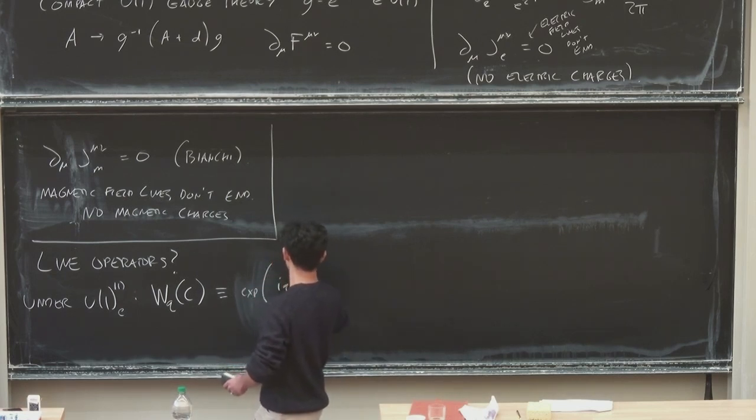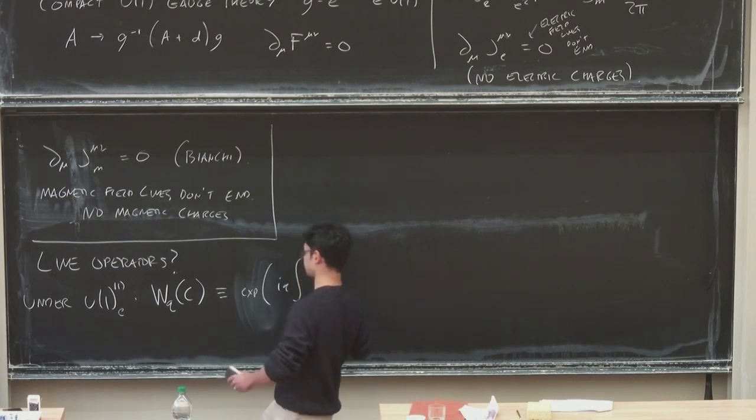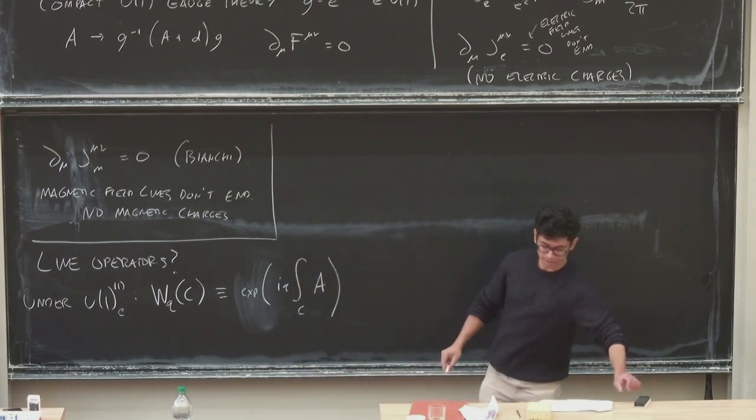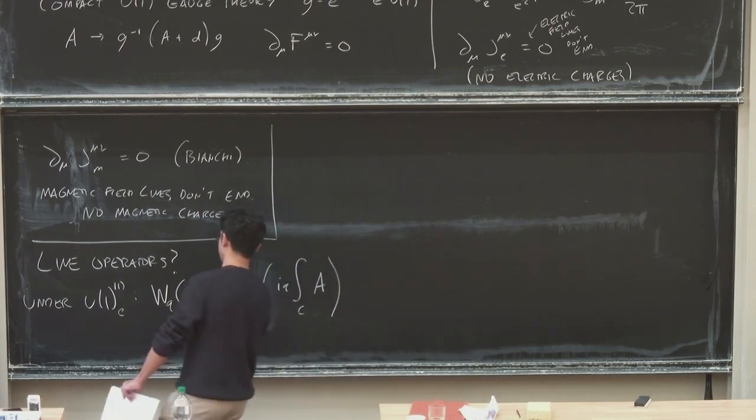Exponential iQ integral of A. Okay? This is the U(1) Wilson line.